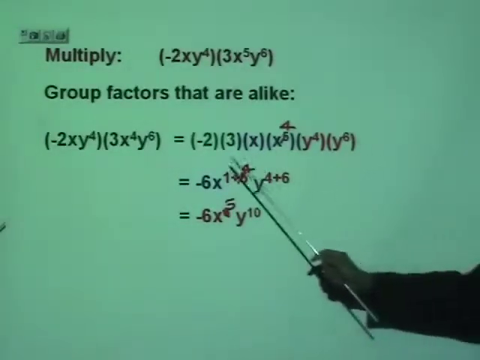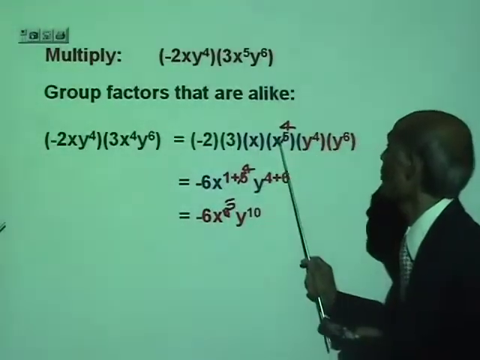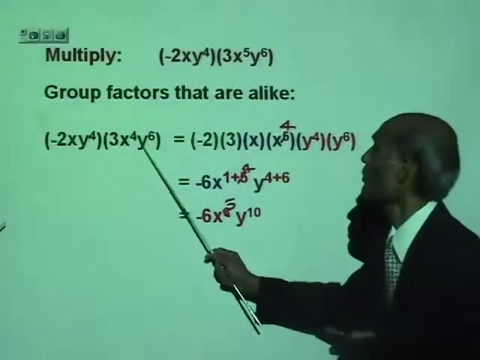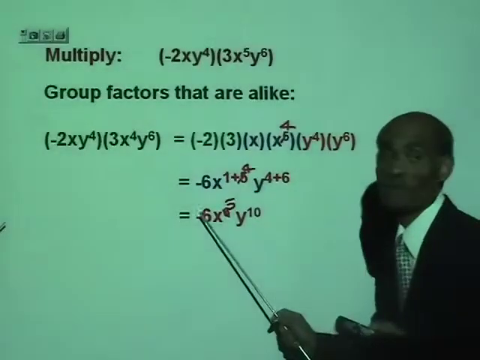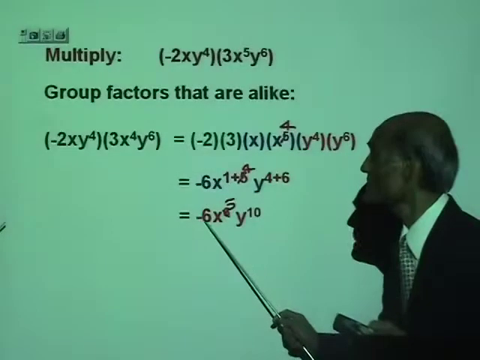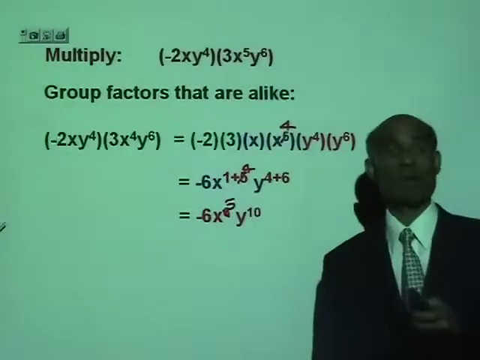Okay, make that correction. That will be x times x to the power 4, y to the 4 times y to the power 6. That gives you the final answer, negative 6 x to the power 5, y to the power of 10.